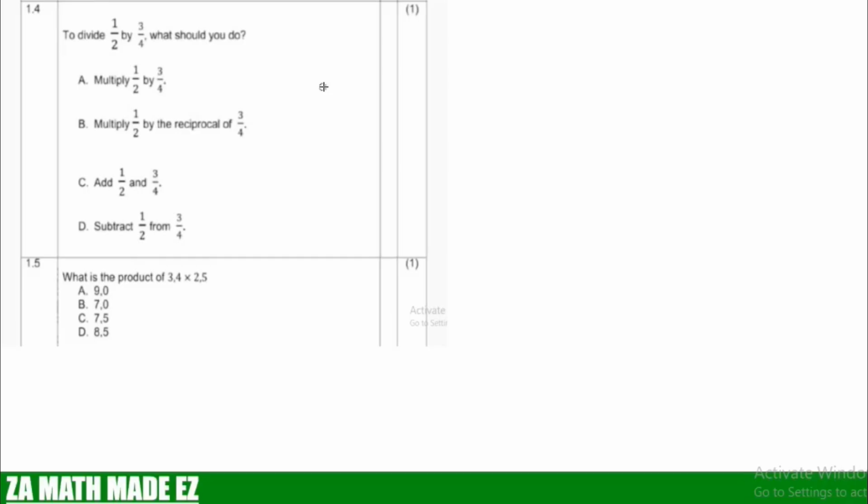If you remember the mnemonic KFC, you keep the first fraction, which is a half, you flip the second fraction, which is 3 over 4, so it becomes 4 over 3, and the C means you must change the division to multiplication. With that in mind, what is the correct answer over here?